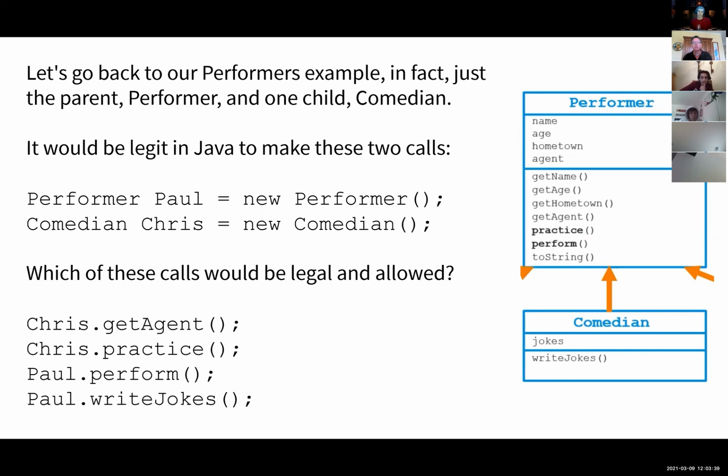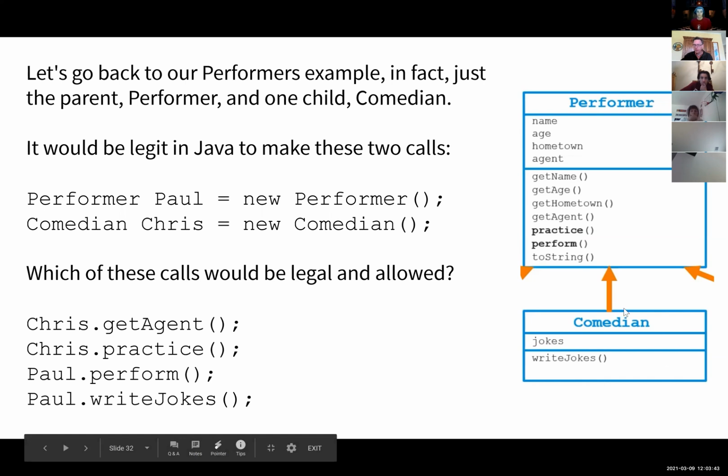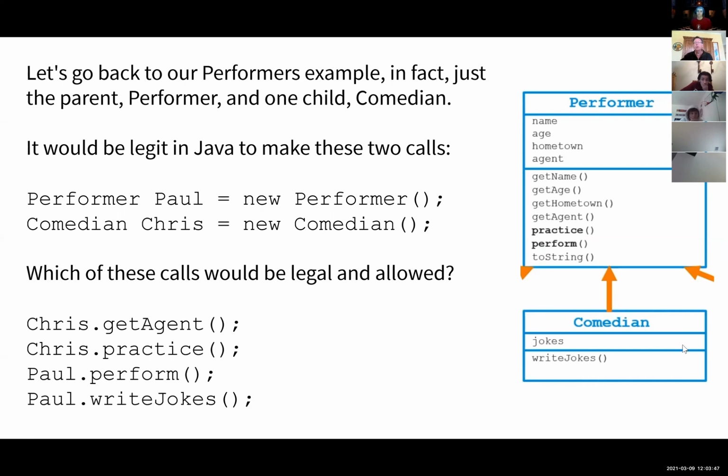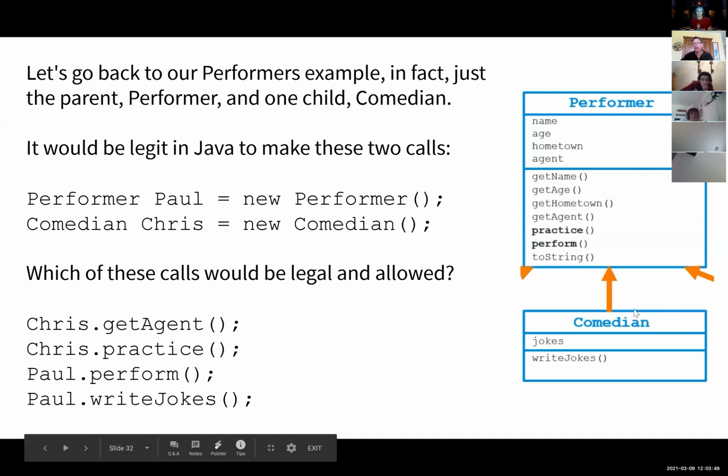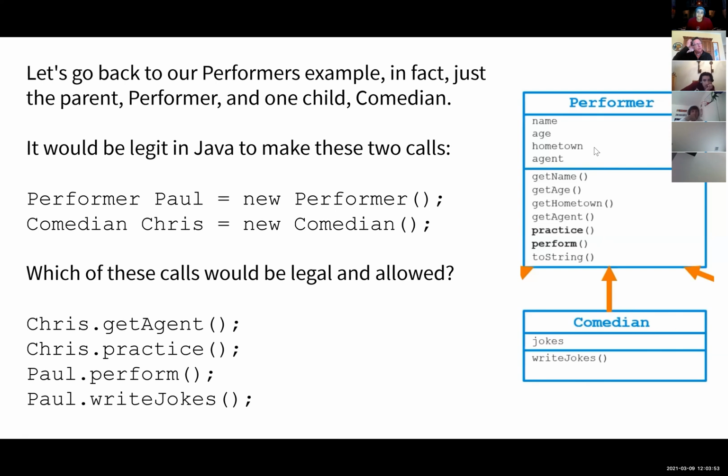Chris get agent. So remember, Chris is a comedian. So you're looking down here and there's no get agent method, but remember, children have all the methods and variables that are in the parent. So yes, it's legal. And Chris.practice, yeah, any performer can practice.